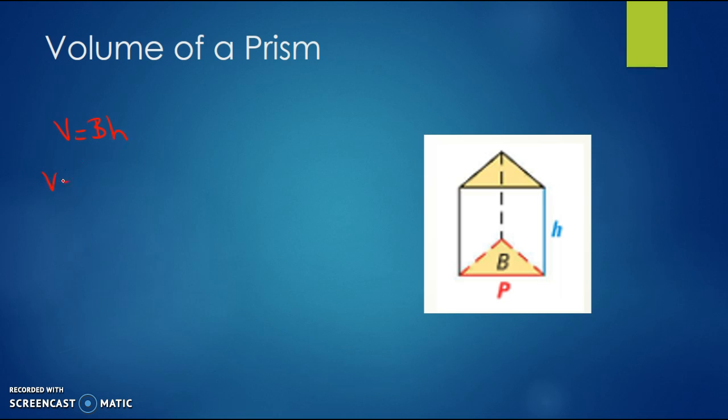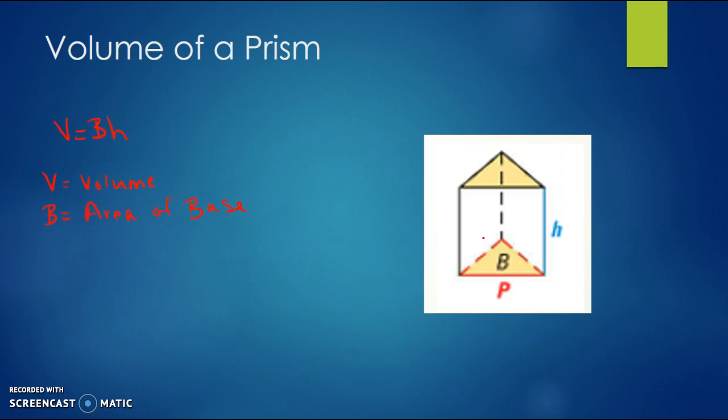So again, V will stand for volume, which is how much something can hold. Capital B is area of base. So that's important, that's area. That's why that last slide where we went over how to find the area of those basic shapes.